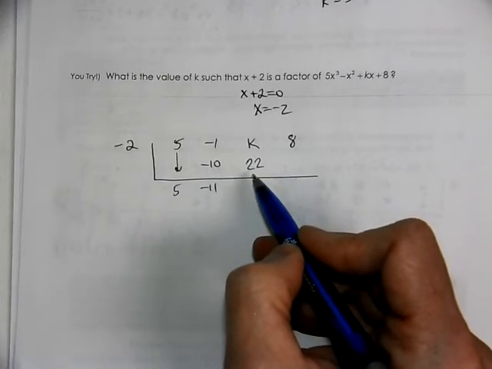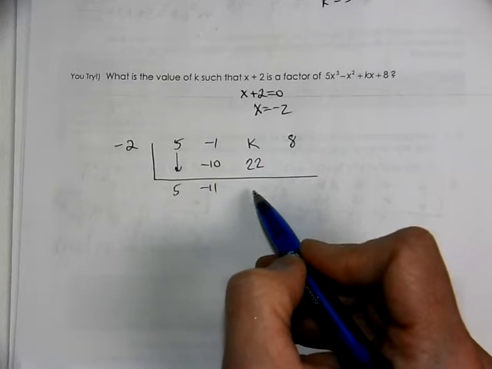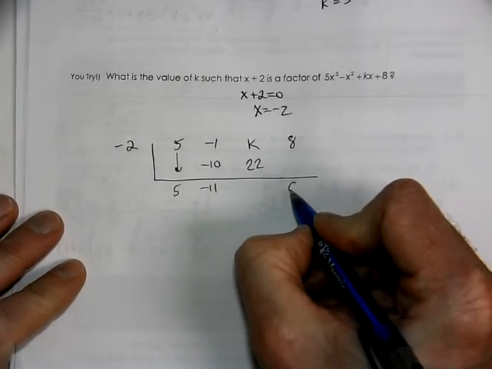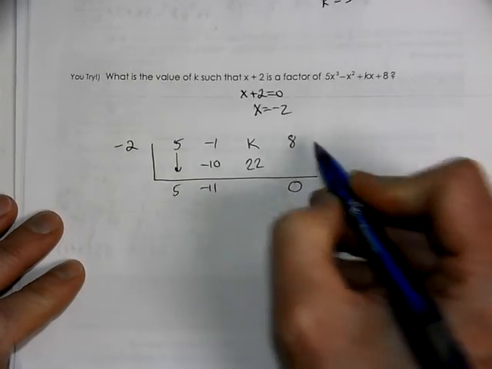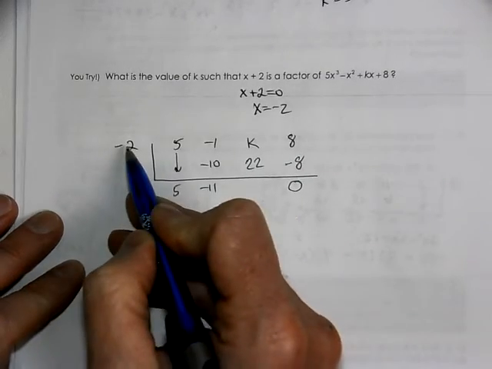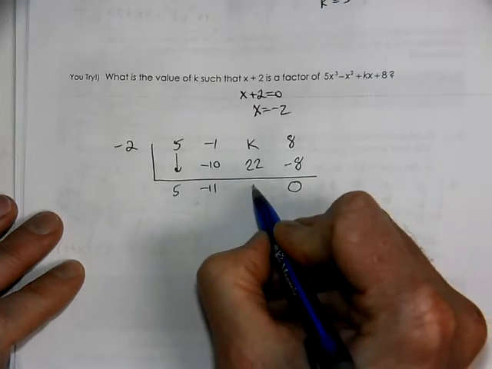I can't do that math. K plus 22, because I don't know what it's supposed to equal. Two unknowns. I know that this is supposed to be a 0, so this has to be a negative 8. Negative 2 times what gives me negative 8? Well, that would have to be a 4.